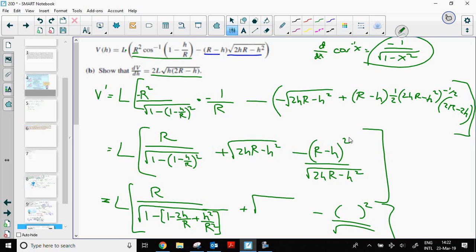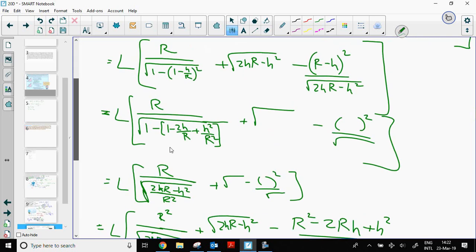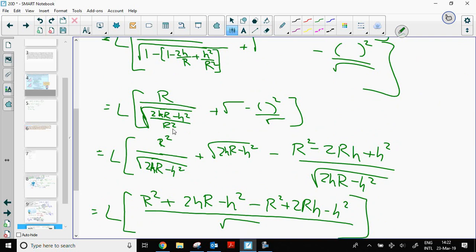Then working with just this first term, the other stuff, I'm too lazy to write it out. We'll deal with that in a moment. We're going to first square this binomial, so we've got that there, and then we're going to subtract it. So we've got this going on here, and then we've got the square root of r squared in the denominator, so we can pull that out of the square root, and then we have r divided by 1 over r, which gives us r squared in the numerator over the square root of 2hr minus h squared, right?